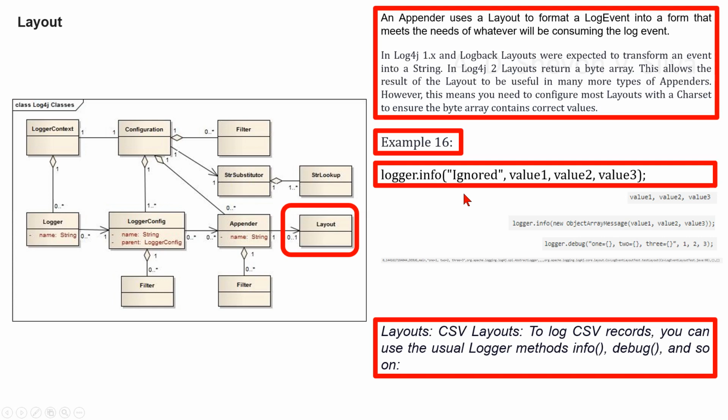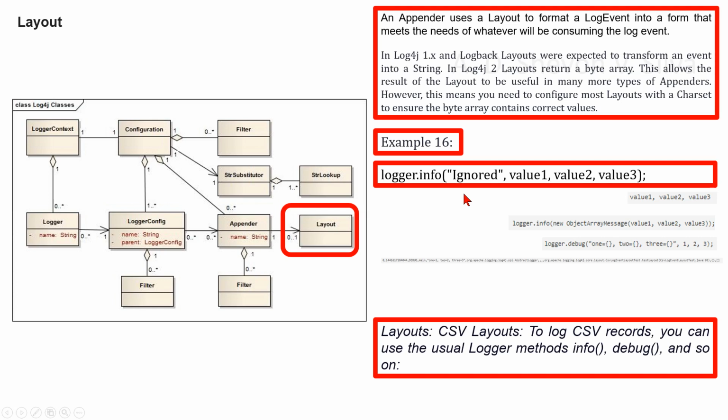CSV layout can be used in two ways. First, using CSV parameter layout to log event parameters to create a custom database, usually to a logger and file appender uniquely configured for this purpose. Second, using CSV log event layout to log events to create a database as an alternative to using JDBC, or using a JDBC driver that supports the CSV format.